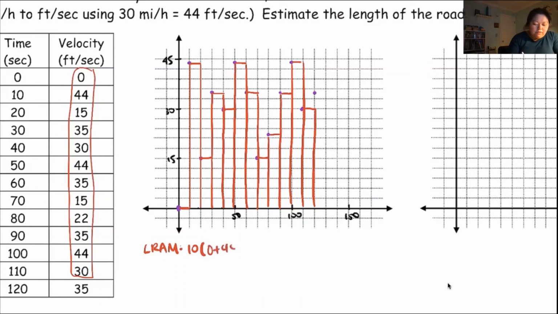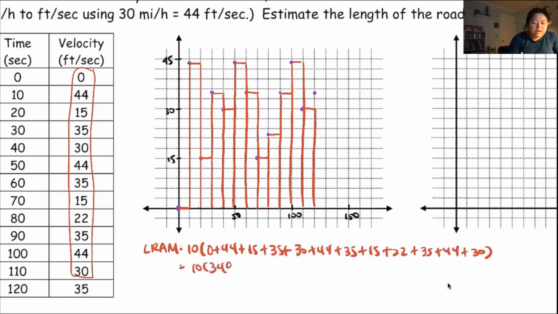So 0 plus 44 plus 15 plus 35 plus 30 plus 44 plus 35 plus 15 plus 22 plus 35 plus 44 plus 30. Okay, so that will give me 10 times 349, which gives me the approximation for this stretch of road to be 3,490 feet.